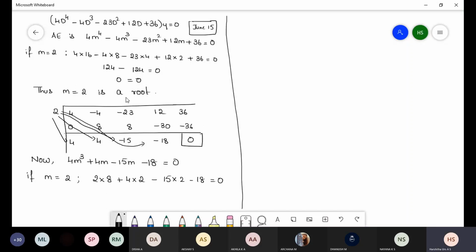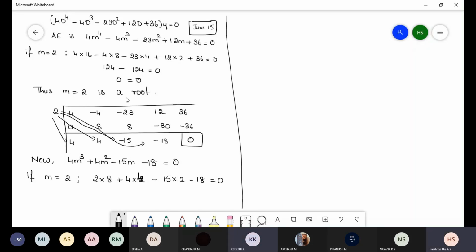Ma'am, that is 4m square. Yes, I am just thinking. Yeah, 4m square. So here 16 plus 16. How much we get? Ma'am, 4 into 8.